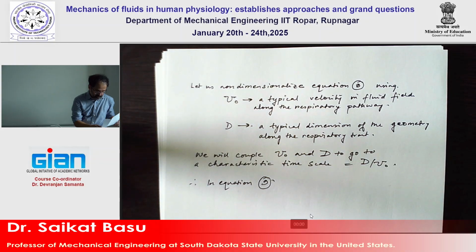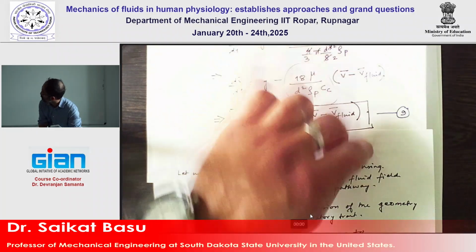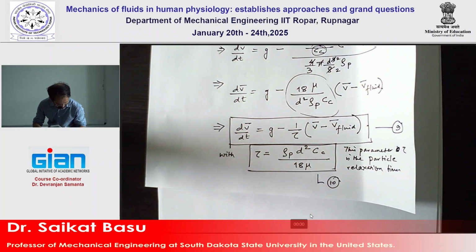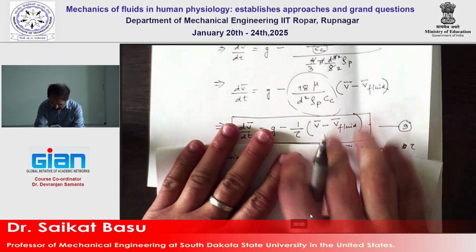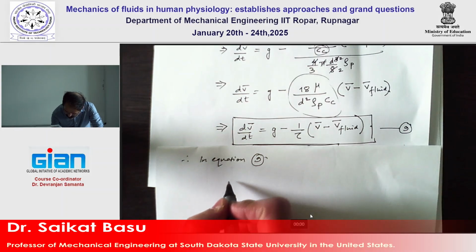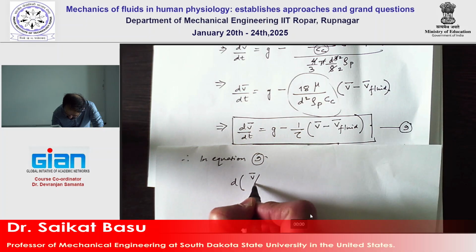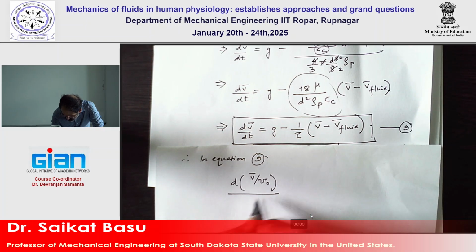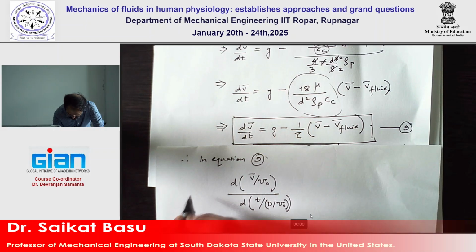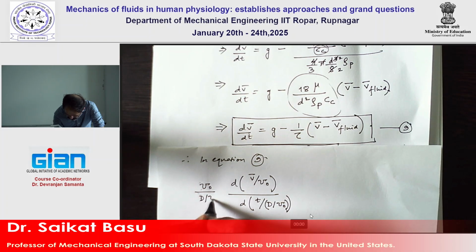So equation 9 is this. If we non-dimensionalize, we get v divided by u naught, by dt divided by d over u naught. And to adjust, we put u naught for the other u naught here and d over u naught.